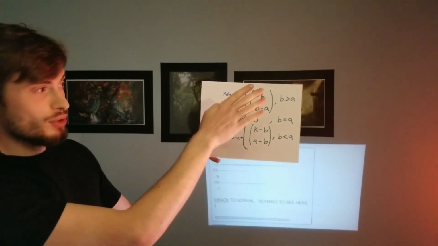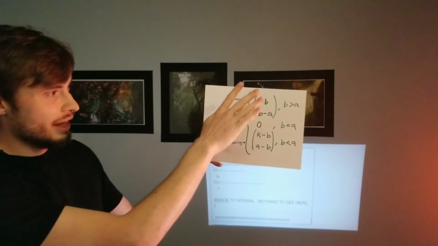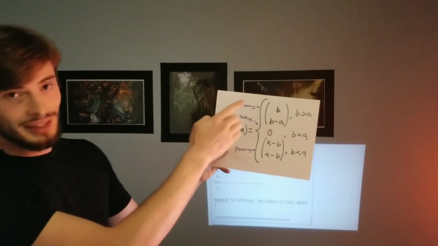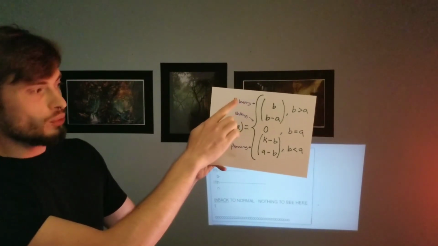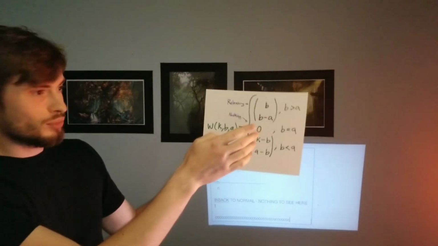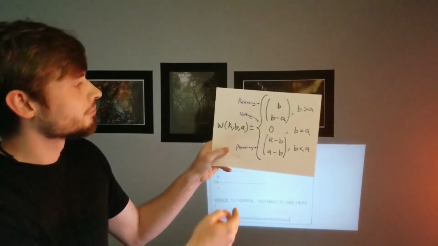So, you know, if you had 4 keys on your keyboard and you have 3 of them pressed down and you're releasing keys, it doesn't matter that you have one already released. You can't release it anymore.